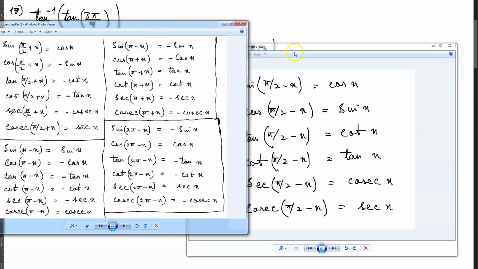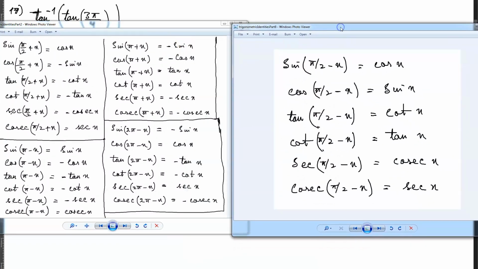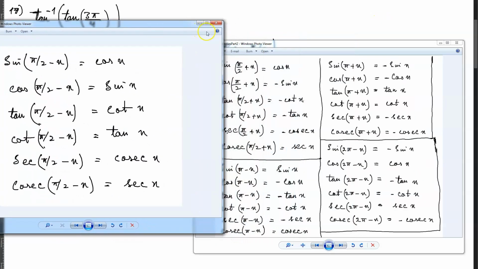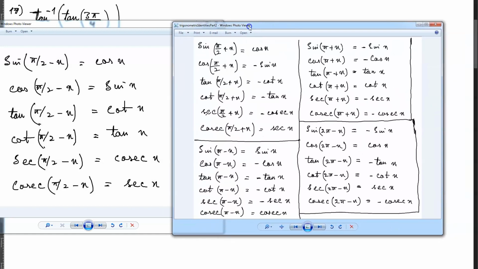And the way that you can do that is basically, you see over here you have all the different trigonometric ratios of pi by 2 minus x, and over here you have pi by 2 plus x.